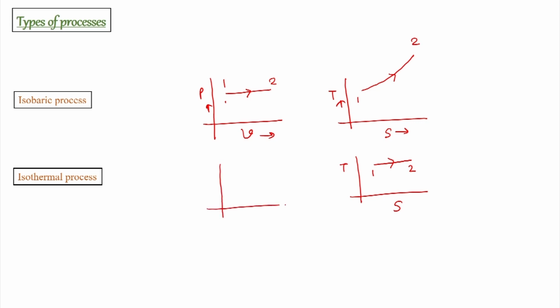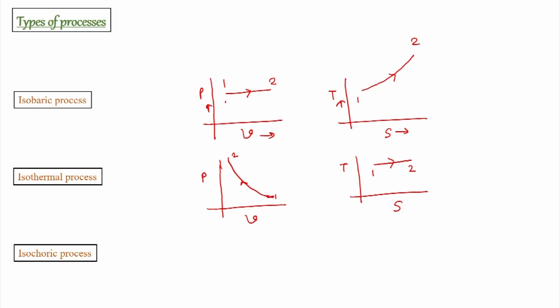But if we try to plot a PV diagram for the isothermal process, then it would look similar to the isentropic curve, and that curve will have negative slope, with 1 to 2 being the compression process, or 2 to 1 being the expansion process.